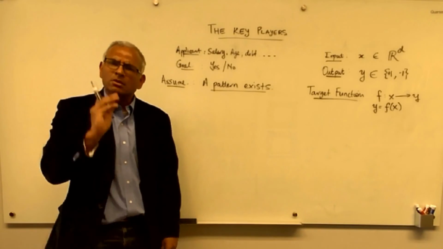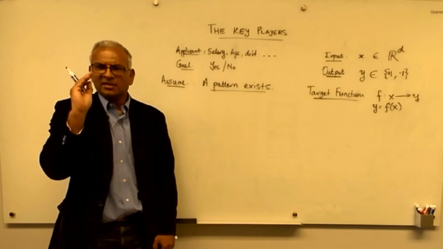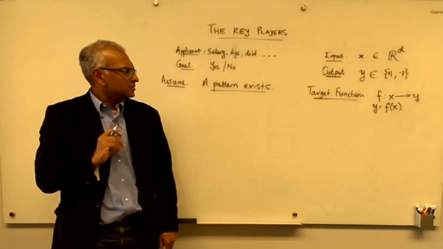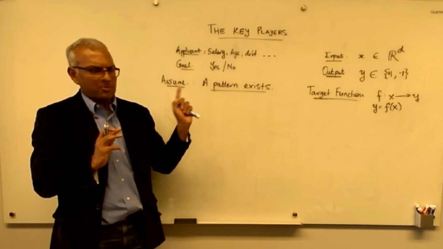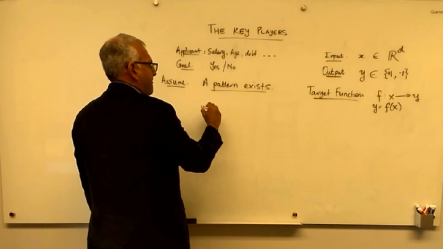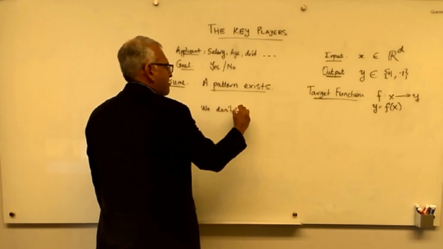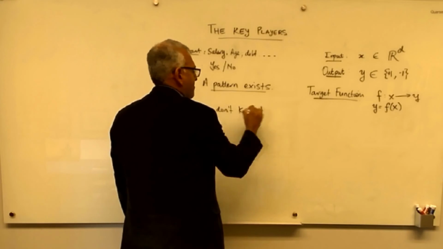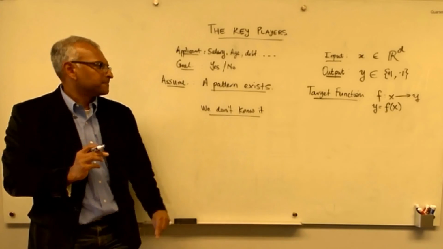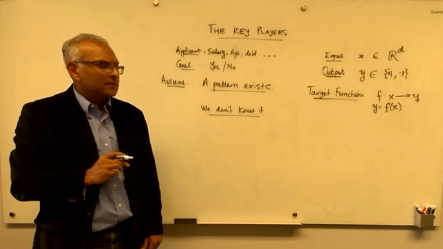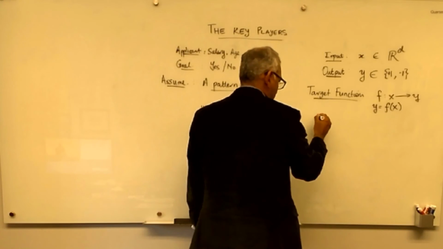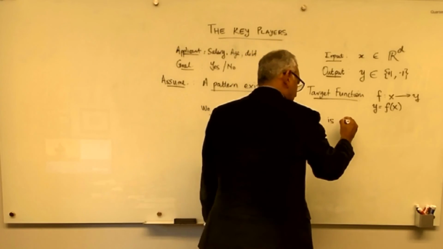Now let's state the most fundamental ingredient in the machine learning problem. Remember the class motto: a pattern exists, we don't know it. What does that mean? That means that this target function f is unknown.